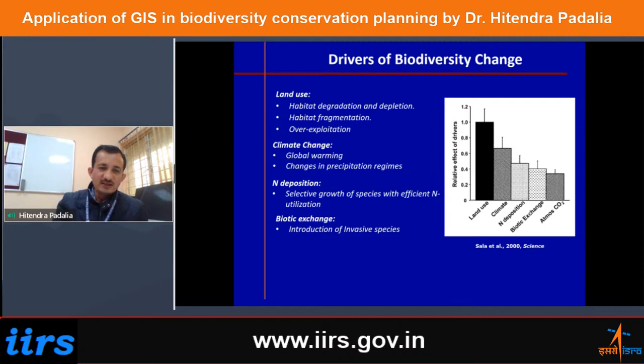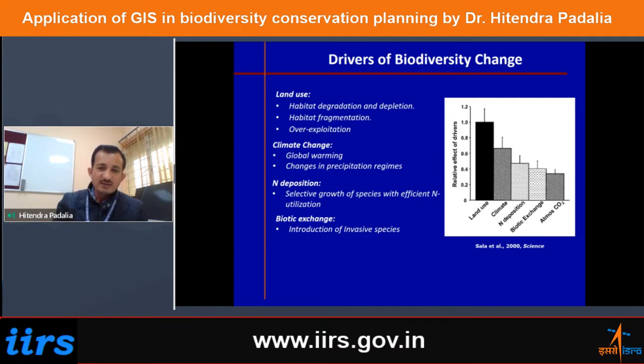And then there are other factors like nitrogen deposition and the impact of invasive species, particularly of plants and also of animals. They are causing changes in the biodiversity of their invaded areas.